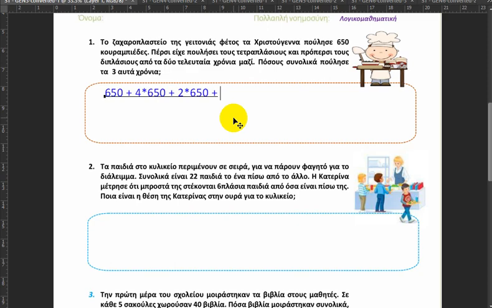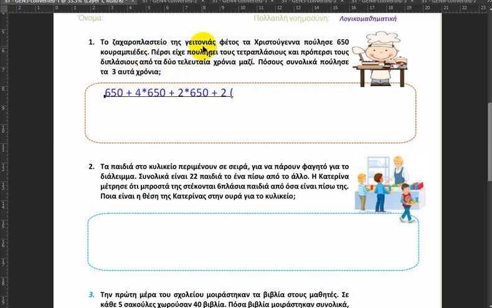And the year before that, they sold 2 times what they sold the previous. One moment. Okay. So year number 1, this year is 650. That's year 1, let's say.